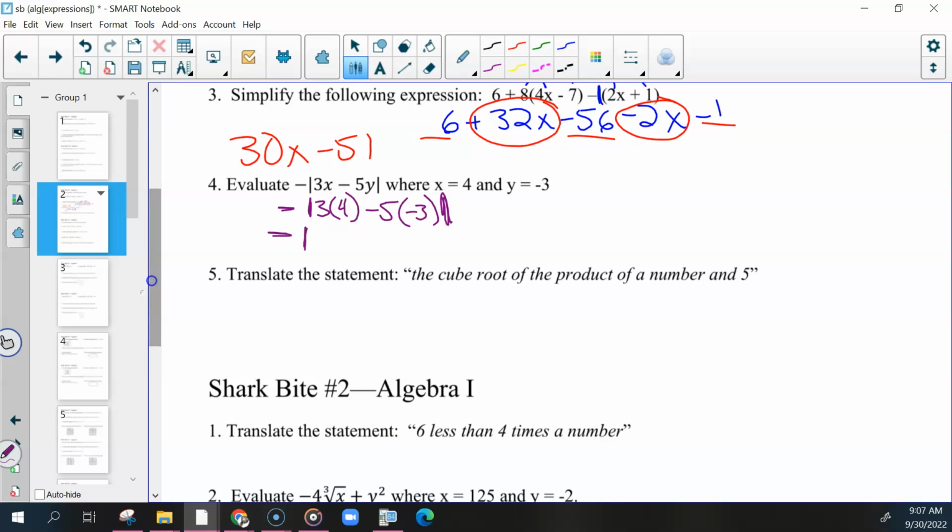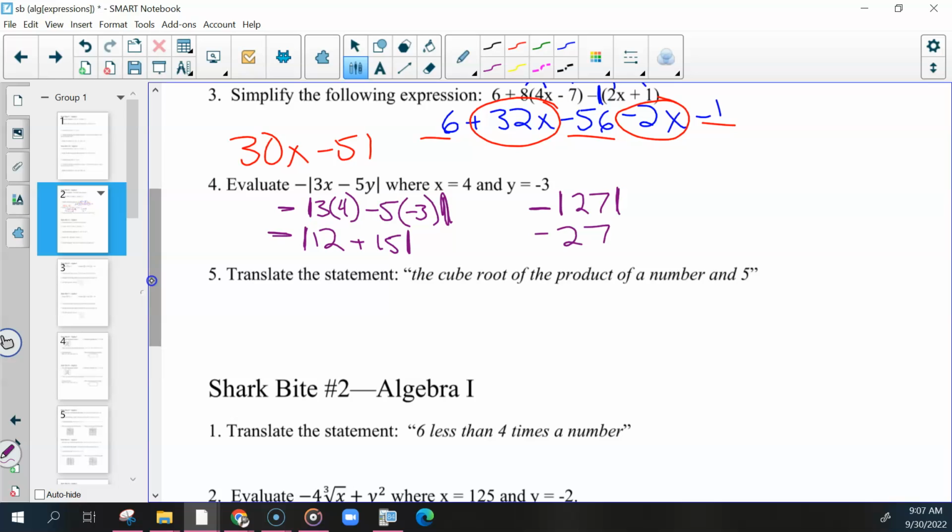So we have a positive 12. This will become a positive 15. Add those two together to get 27. And then there's nothing else left to do inside. So you would drop your absolute value bars, but we have a negative here, so this would become a negative 27.